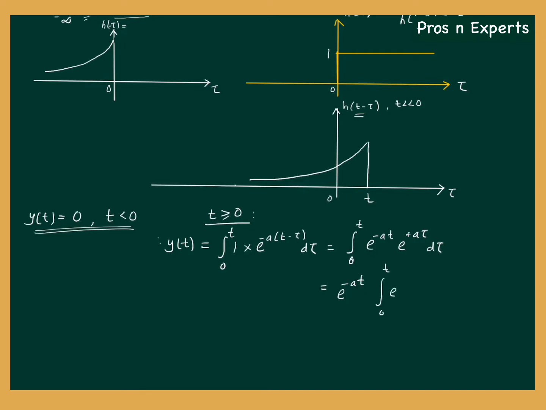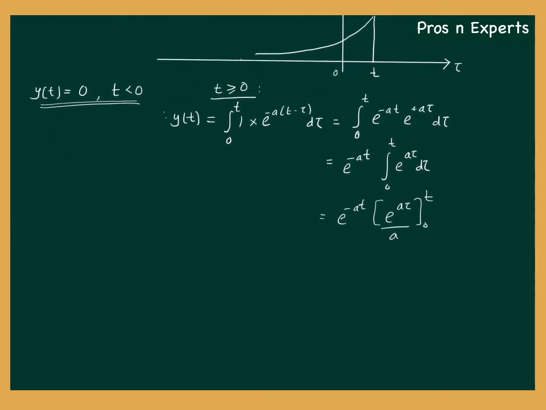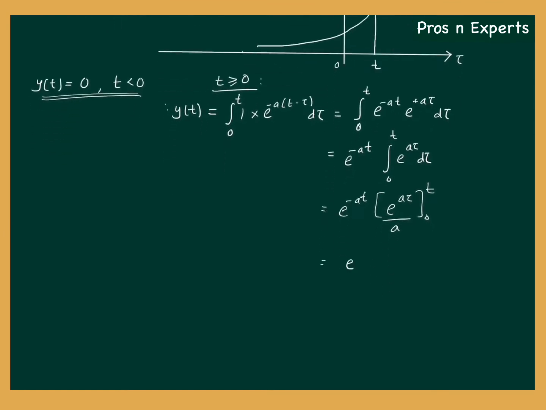The integral from 0 to t of e raised to a tau d tau gives you e raised to minus at into e raised to a tau by a within the limits 0 to t. Putting the limits, that gives e raised to minus at by a into e raised to at minus 1.